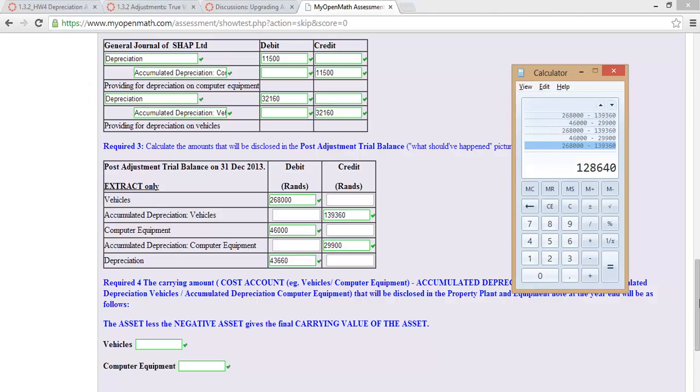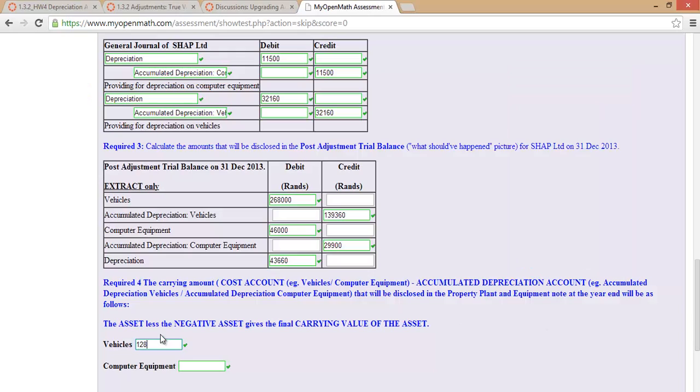We can fill that in here, 128,640, which is the carrying amount in my property, plant and equipment note, which will eventually be pulled through to the financial statements.